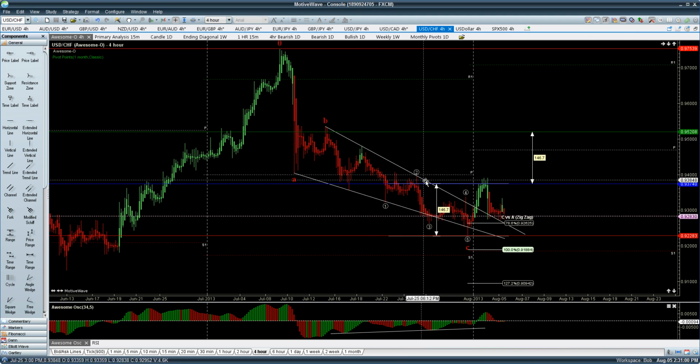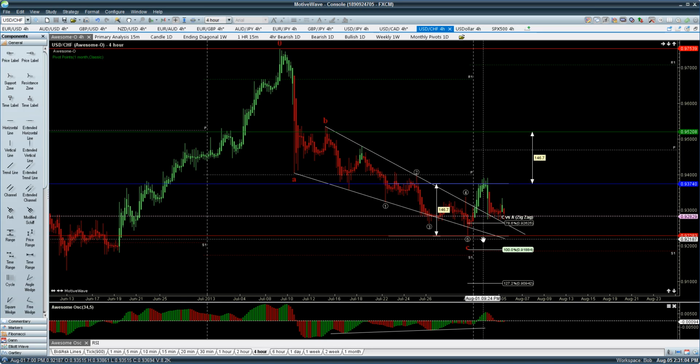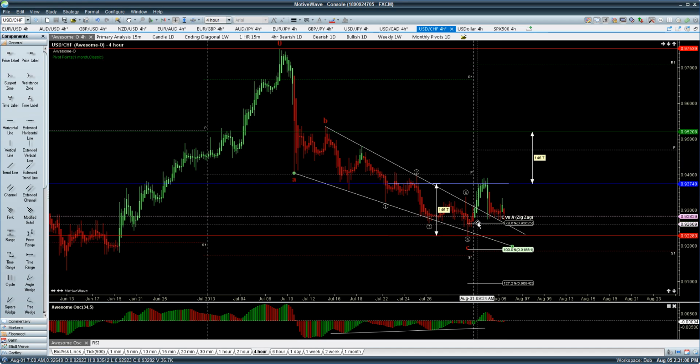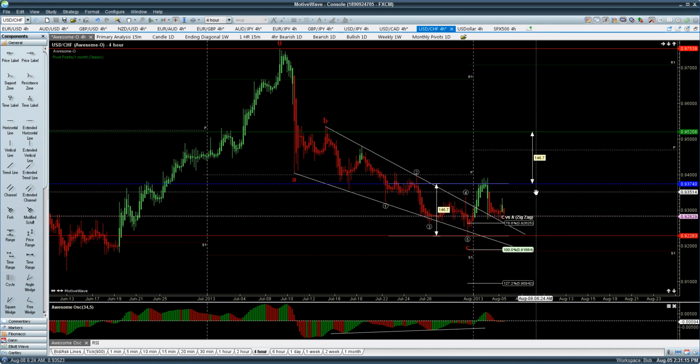Broke this trend line. Actually, I broke it here before going back down, but nonetheless, broke, tested. Looks like it wants to test it again before going higher. I am long. I am not in this one.